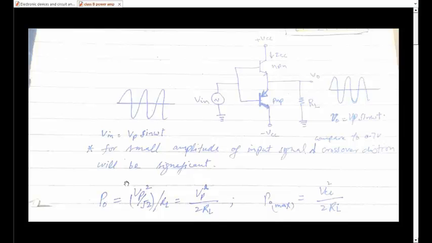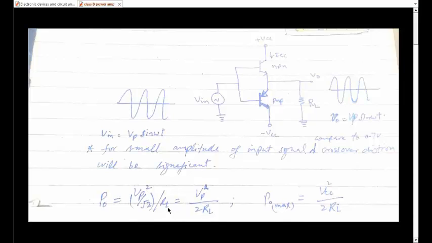Now with the output voltage defined by this relationship, we can find the output power, which is equal to V squared over RL. Converting into the RMS value, output power equals Vp squared over 2RL.